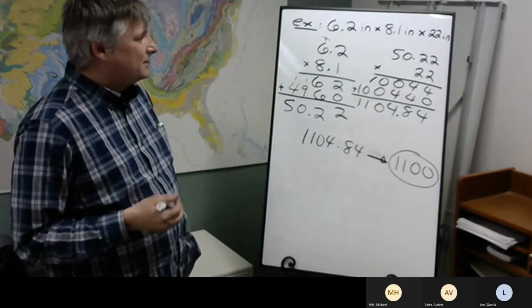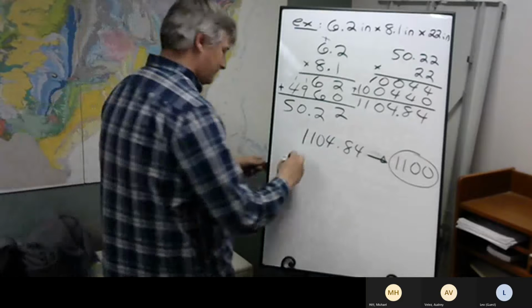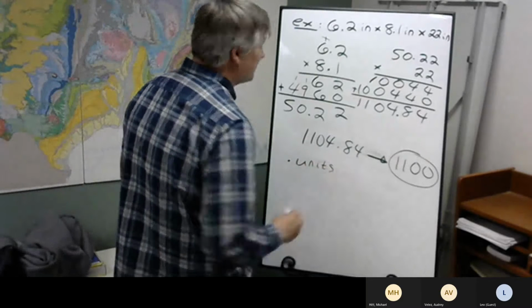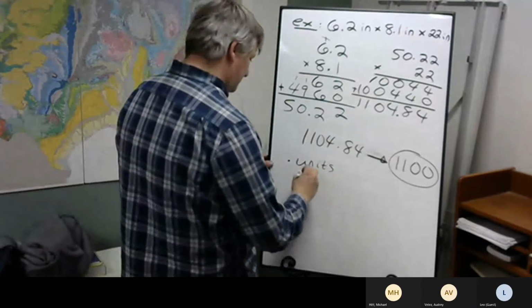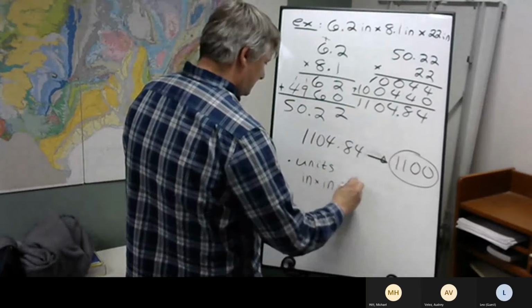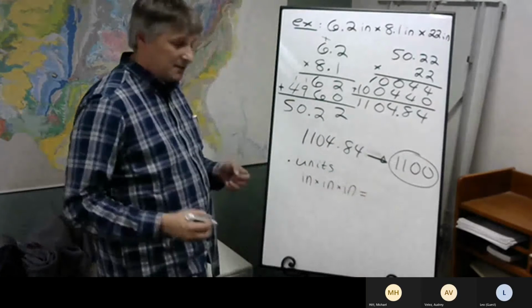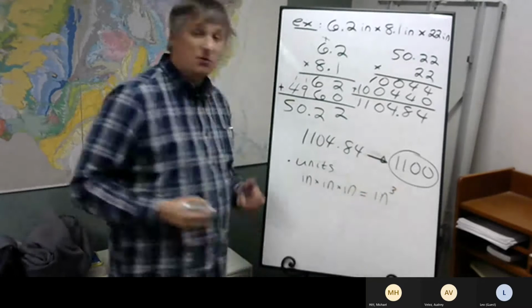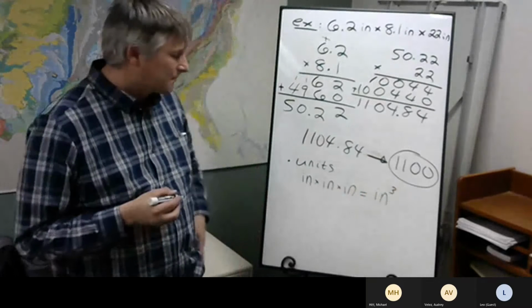So what happens here is now I've got to do the units. So we have inches times inches times inches. And this is going to be what we might call inches to the 3rd power, inches cubed.